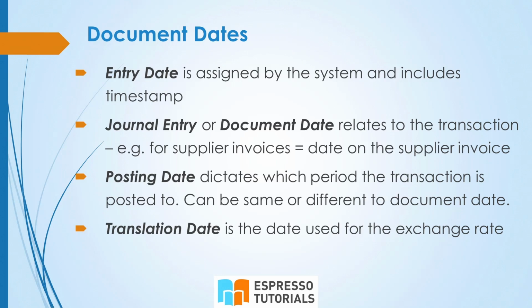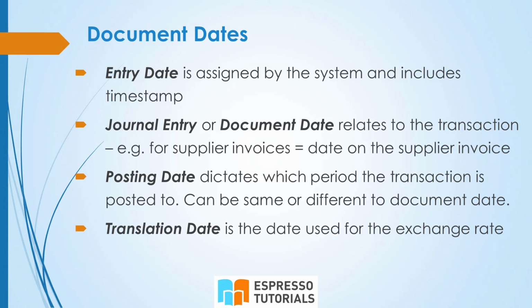The journal entry or document date refers to the date when the transaction took place. Sometimes this will be the same as the posting date, but, for example, supplier invoices are often received some time after they've been raised by the supplier. In this case, you would enter the date on the invoice as the document date rather than the current date. The translation date used for the exchange rates usually defaults to the posting date of the document, but it can be manually amended depending on the transaction.